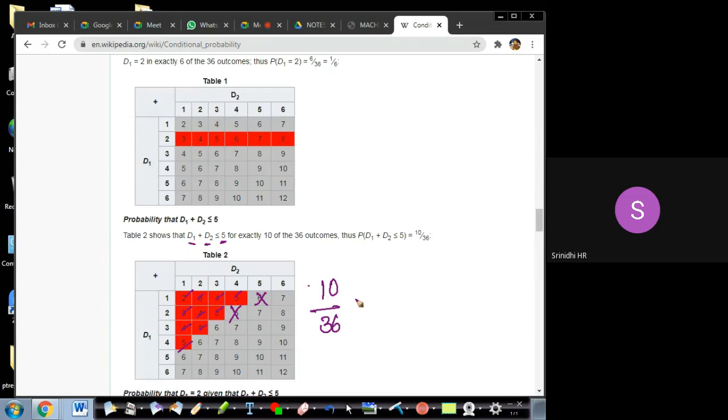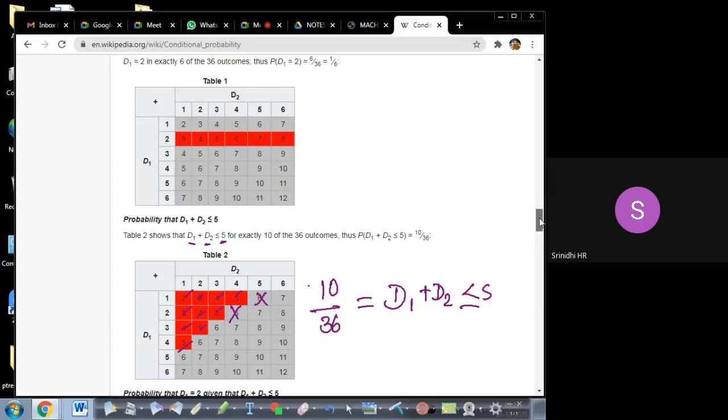So 10 divided by 36 is the probability of d1 plus d2 being less than or equal to 5. Are you able to understand this? Yes, sir. Okay, let's move on to the next example.